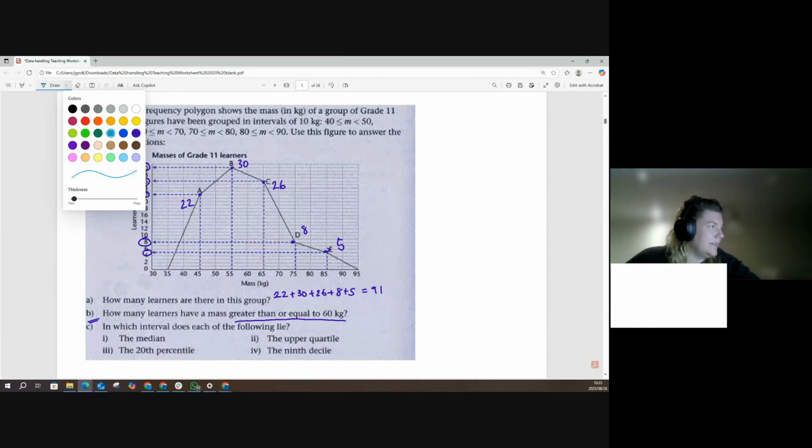For the second question, how many learners have a mass greater than or equal to 60 kilograms? And if frequency polygons scare you, just think of them as a histogram.